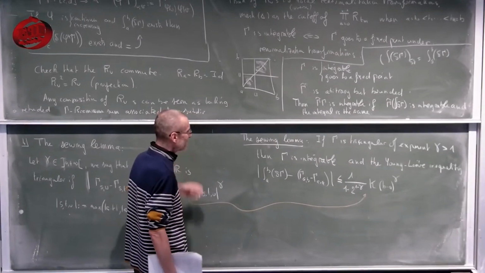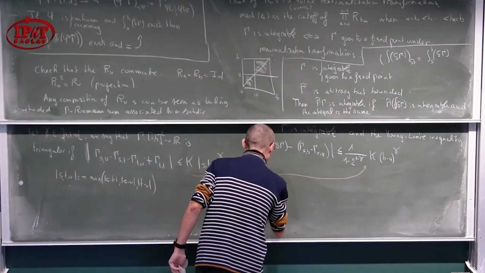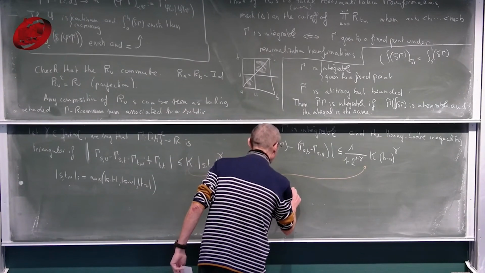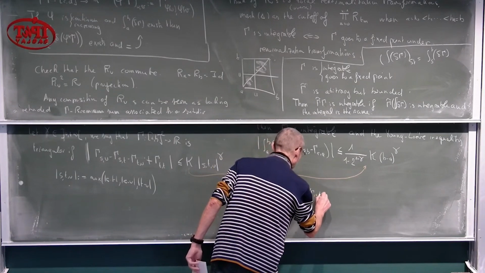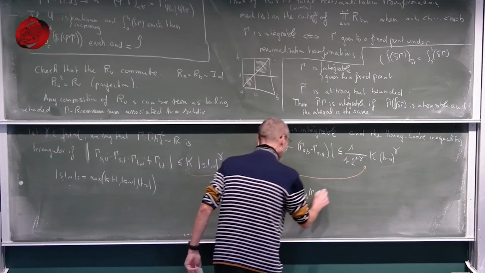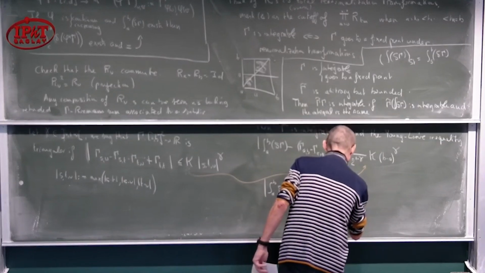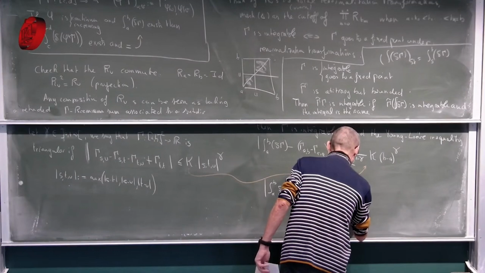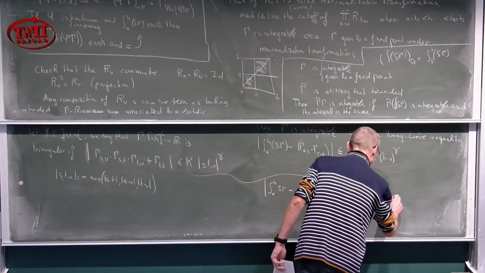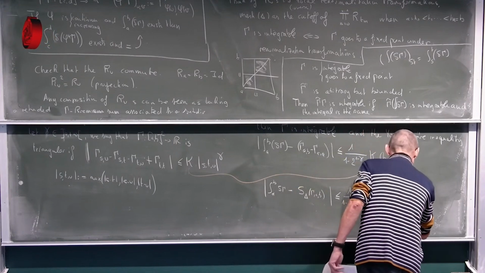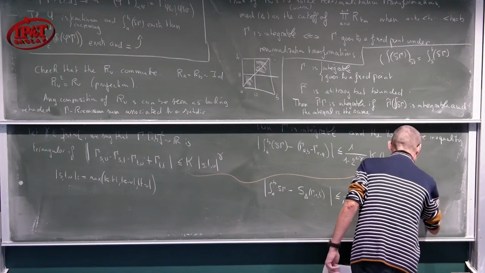And for instance, this means that in this case in particular, the integral from A to B of delta gamma minus S delta of gamma AB, it's easy to see, is going to be less than 1 over 1 minus gamma, K, B minus A, times the mesh of delta to the power gamma minus 1.